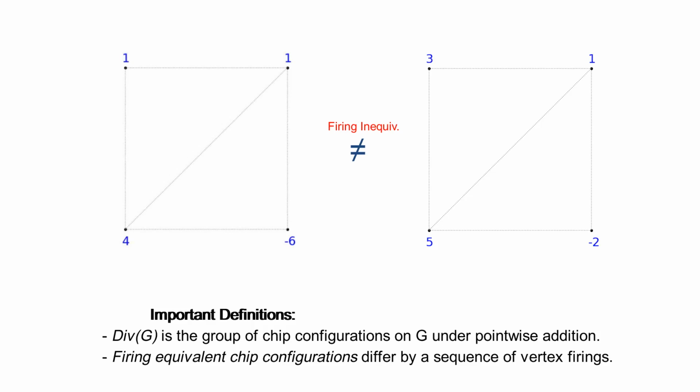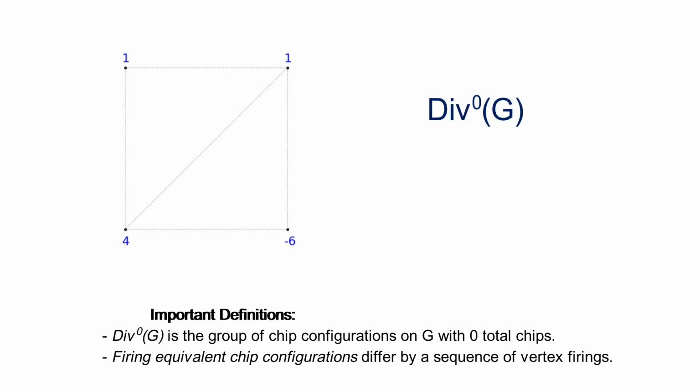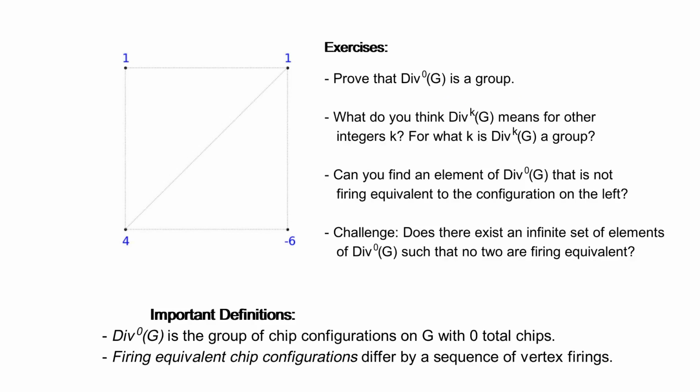Firings cannot create or destroy chips, they can only rearrange them. So let's make things a little bit trickier. Instead of working with all configurations, we will only work with configurations with 0 total chips. These are called divisors of degree 0, written div 0 of G. Here are some exercises I encourage you to try if you want to get a little more practice with this material.